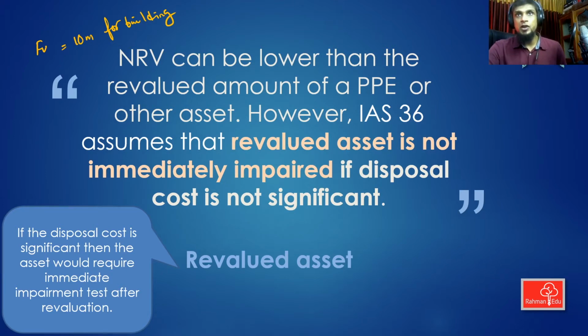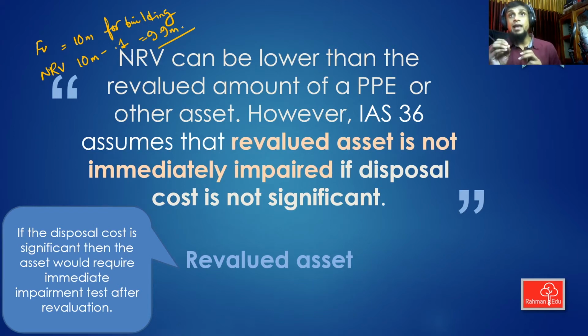Essentially the selling price. Now the question is, what is NRV? NRV equals to that fair value, selling price, less selling cost. Fair value less selling cost. So NRV should be, in this case, lower than the fair value. Like 10 million, that's the selling price. Then deduct some selling cost, maybe 0.1, $9.9 million.